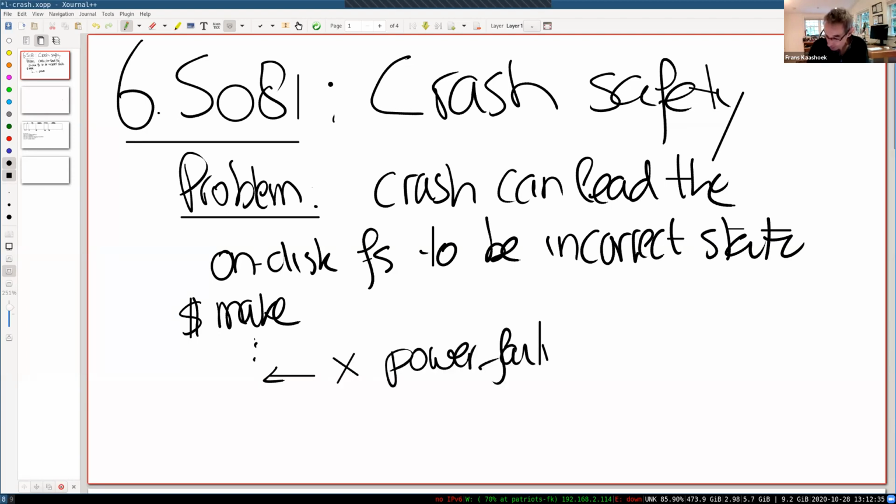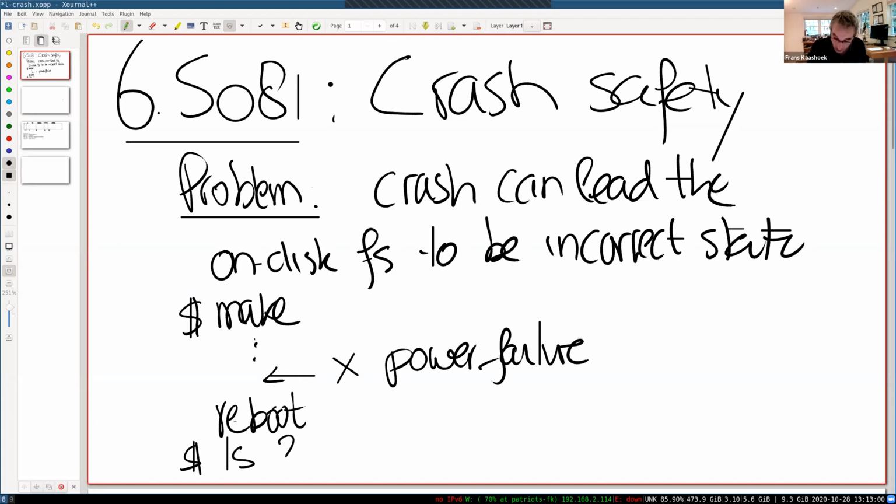Maybe your laptop runs out of battery, maybe the power just dropped at your house, and you reboot. The power comes back on at some point, the machine comes back up, and hopefully you get a prompt again. You run ls, and you hope that your file system is in a good state, a state that you can actually still use.